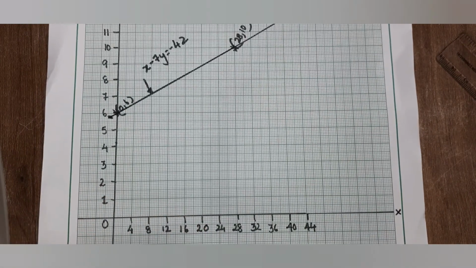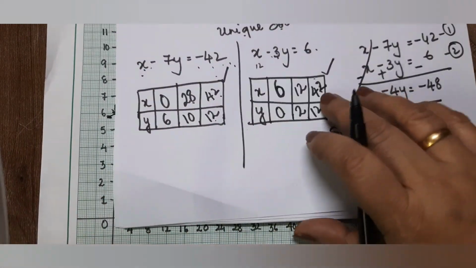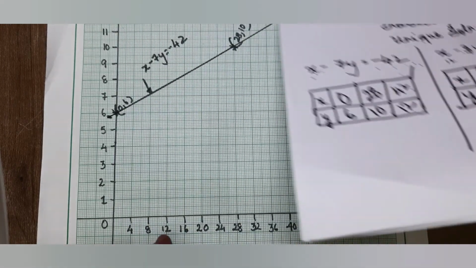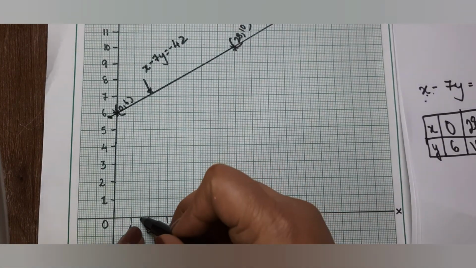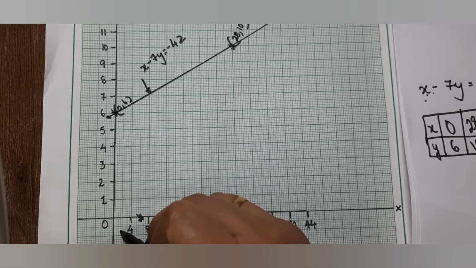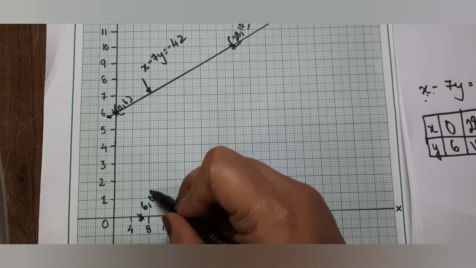Then we will plot the second one here. 6, and see they seem to be similar, but they are not. In this case 6 will come here, that is x is 6 and y is 0.